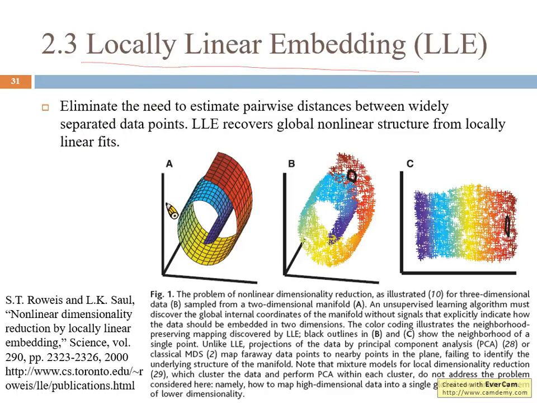I forgot to say that actually we don't know the real geometric structure in the high dimensional space. So this is just synthesized data for us to understand the idea of LLE and ISOmap. We don't really know the real geometric structure of the data points.